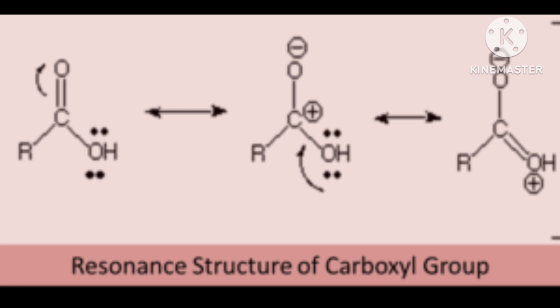Primary alcohols are readily oxidized to carboxylic acids with common oxidizing agents such as potassium permanganate in neutral, acidic or alkaline media, or by potassium dichromate, K2Cr2O7, and also chromium trioxide, CrO3, in acidic medium.